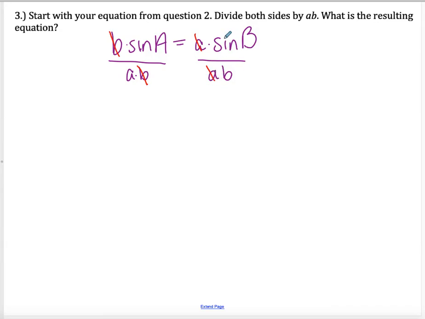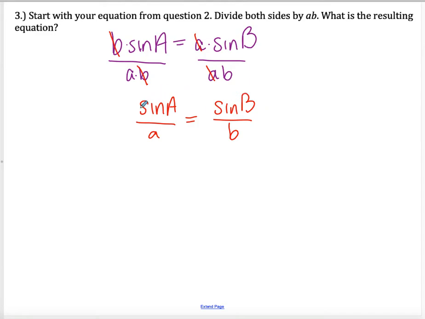What's the common factor I could take out? All we're doing is taking out the common factors, the b's and the a's. So what's left? The sine of A over side little a is going to equal the sine of B divided by little b.